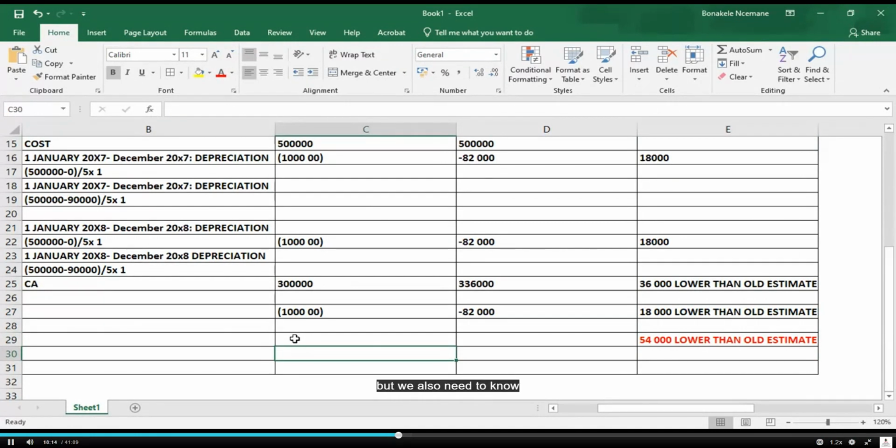But we also need to know the effect of this change in estimates. Now, this is the sum of 300,000 minus 100,000 and 336,000 minus 82,000, which is 200 and 54,000, which the difference is the one that we accounted for here.